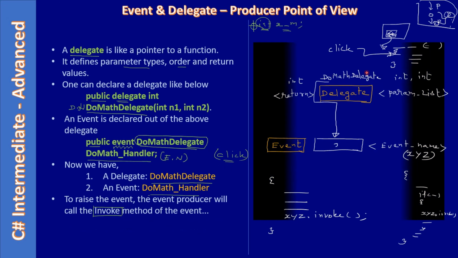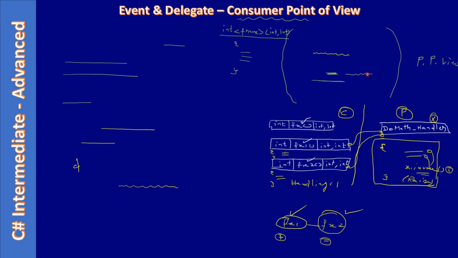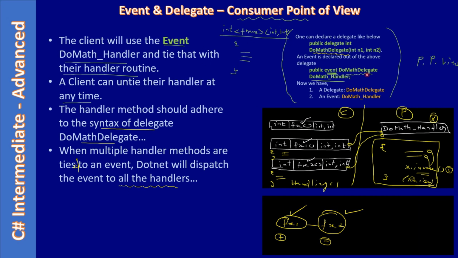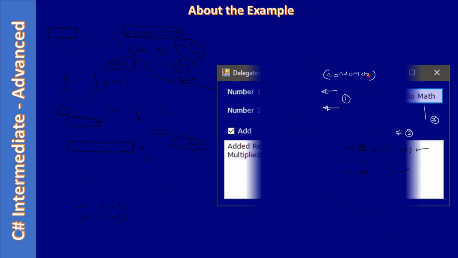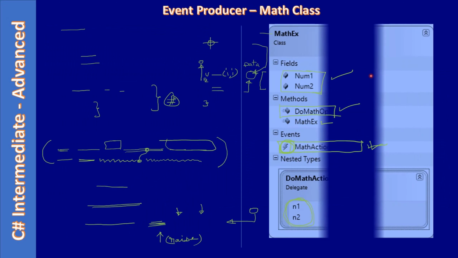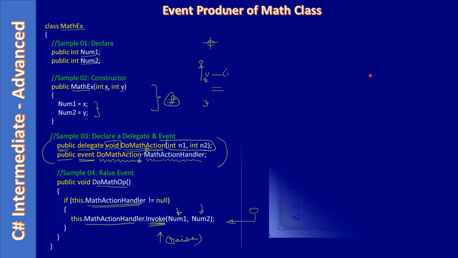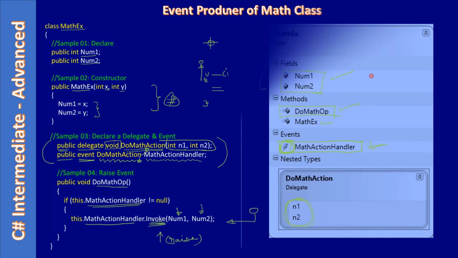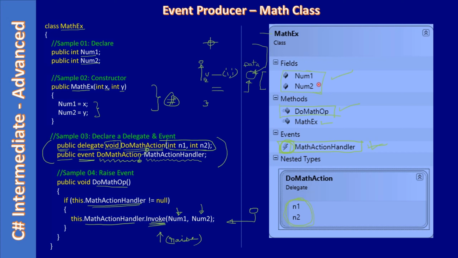Alright, now these are all the slide decks from previous parts. In the last video, we talked about the event producer, and we created a class called mathEx. Then we created two numbers as members. Then we created a constructor and the mathapp function.